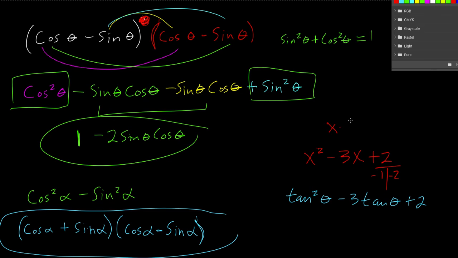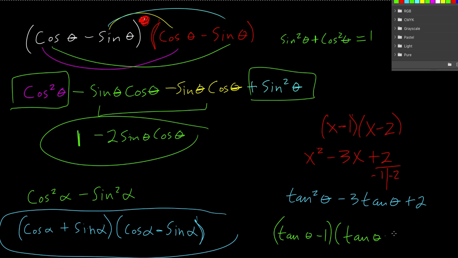That means x minus 1 times x minus 2 is what we get. And so now I'm just going to replace those x's with tangents. So tangent theta minus 1 and tangent theta minus 2.